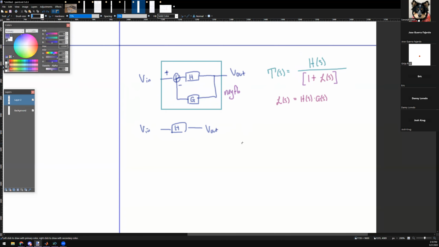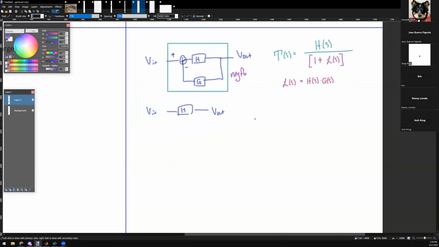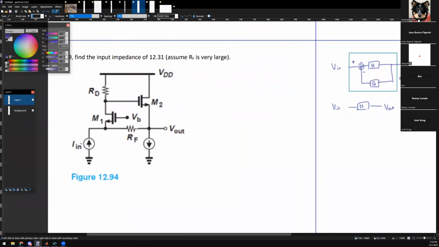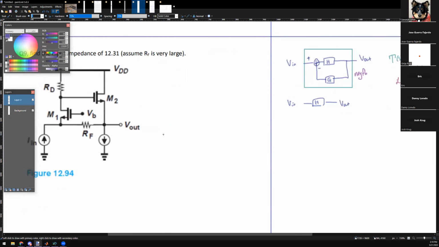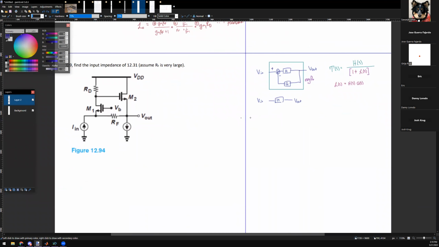Input impedance depends on what type of system you have. In the case where I have an input current, do I want the input impedance to be high or low? Low, because you want all the current to flow through the circuit. Correct.